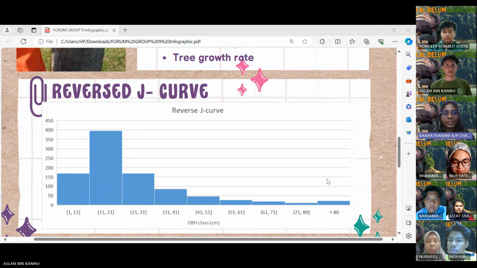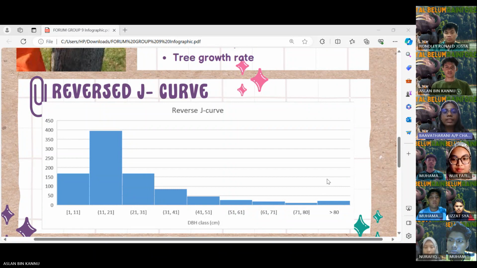Having many small trees is good for the forest. It means the forest is strong and can store a lot of carbon, which is important for helping the environment. The presence of young trees shows that the forest is continuously growing and renewing itself, playing a crucial role in fighting climate change.